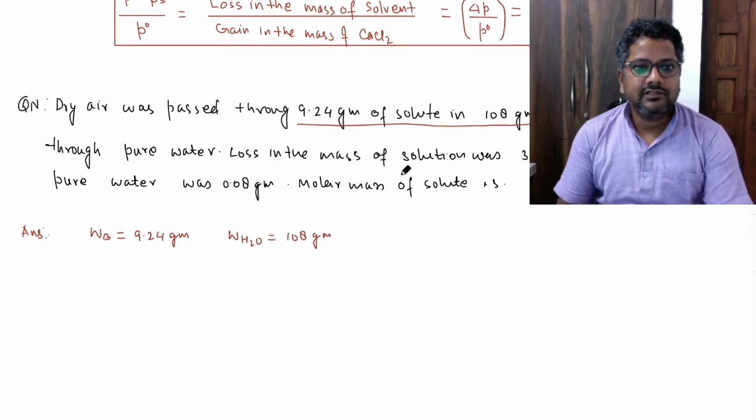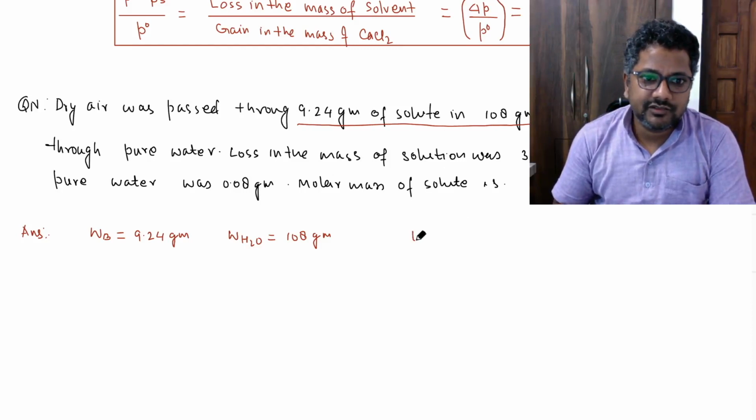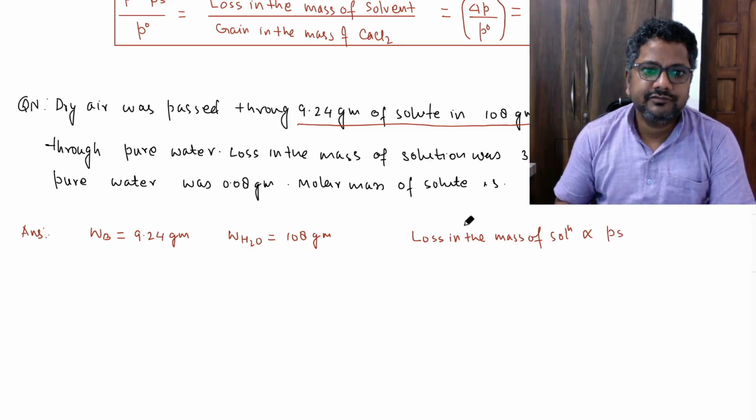Okay, loss in the mass of solution is directly proportional to PS. So this is directly proportional to 3.2 gram, right?